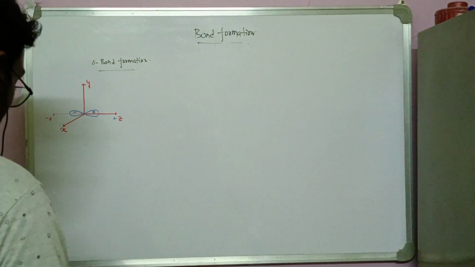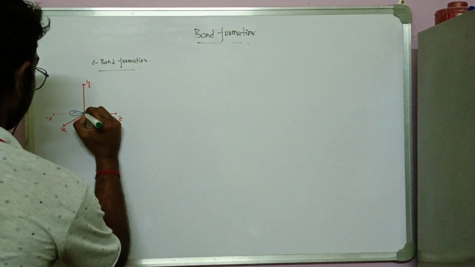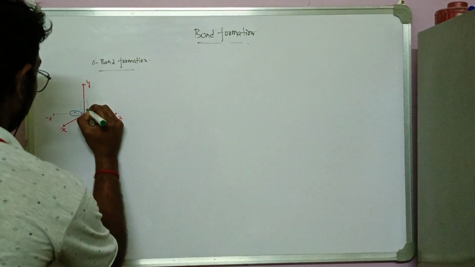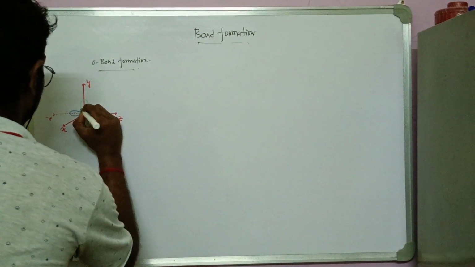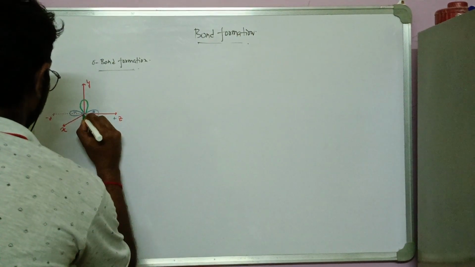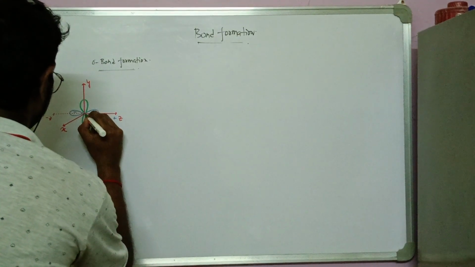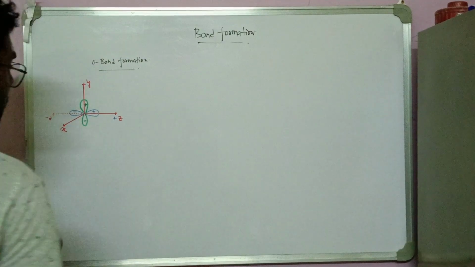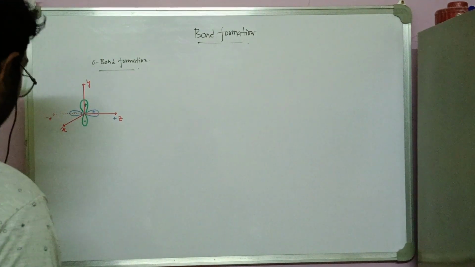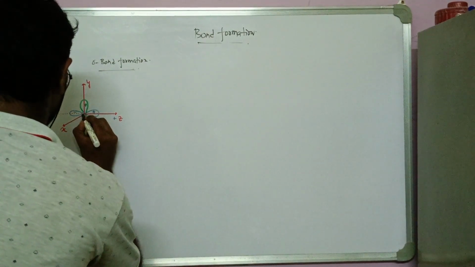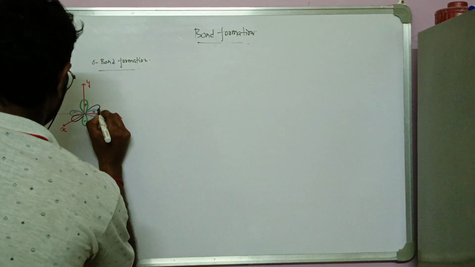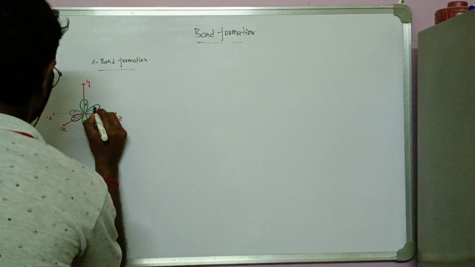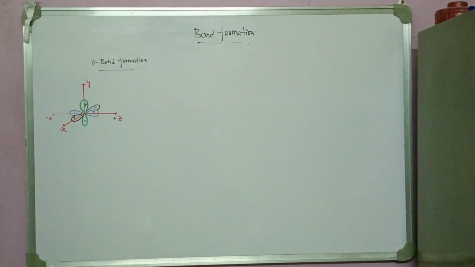Similar things happen with py and px as well. If I draw the py orbital, then this will be the positive and this will be the negative, and the pz orbital will be like this one, and this will be the positive px and this will be the negative.